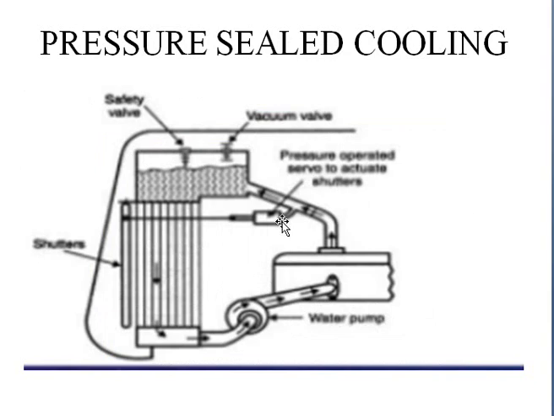Next one is pressure sealed cooling. It means we don't allow the pressure to go out from the system. So here, as the pressure is sealed, the temperature will increase very fast. Here also the same concept, but the circulation of water will take place very fast. This is the safety valve, and this is the vacuum valve. This will open if pressure increases too high.